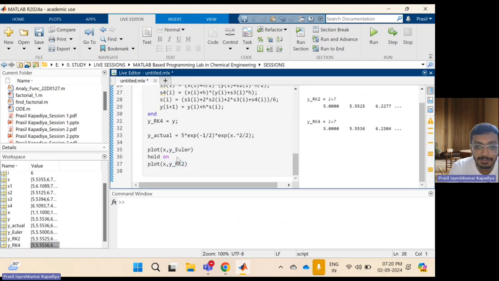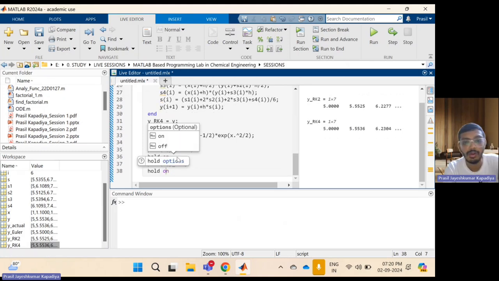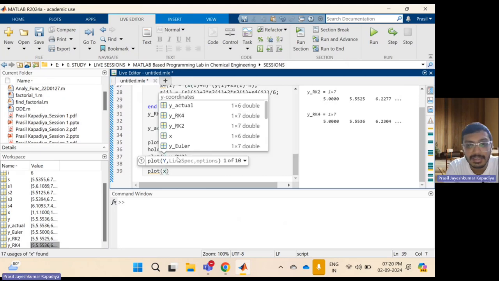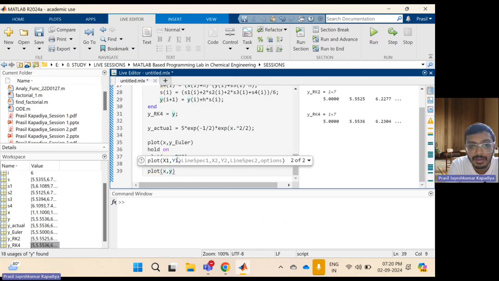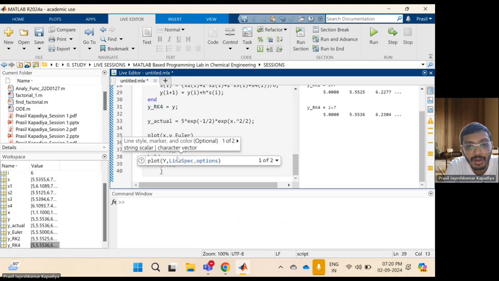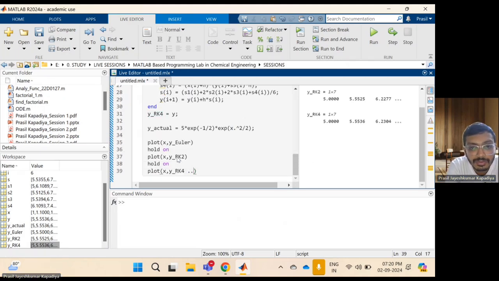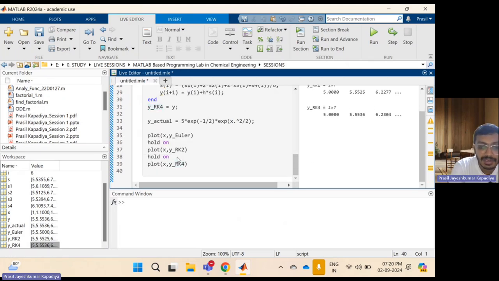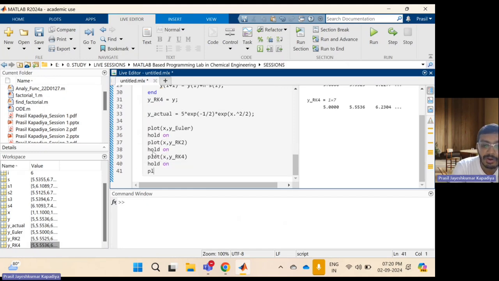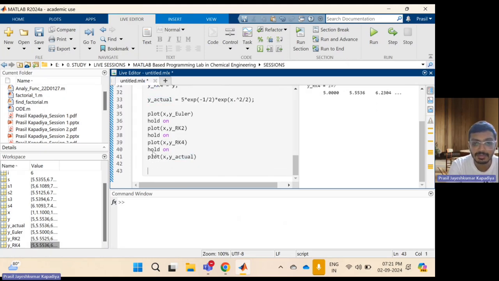I will again keep it on hold. Then I will again plot x comma y underscore RK4. I will again keep the hold on command. I will again plot x comma y underscore actual.